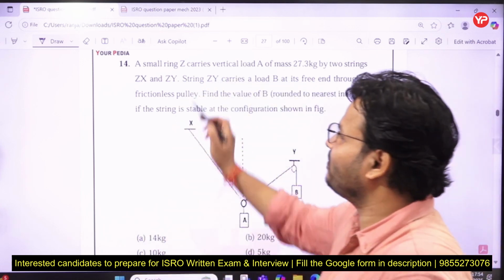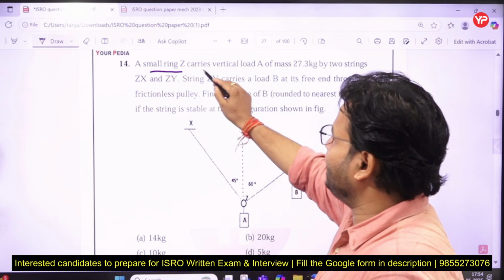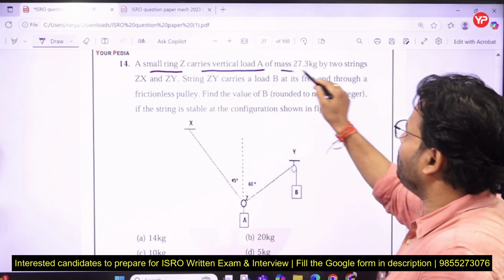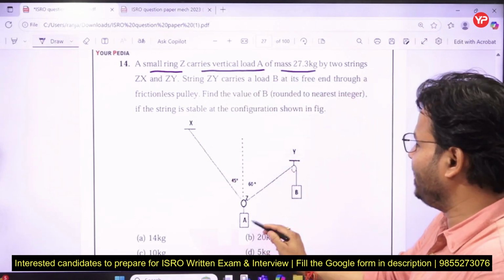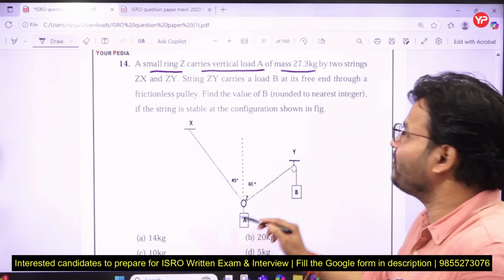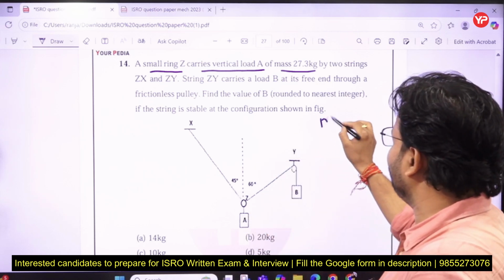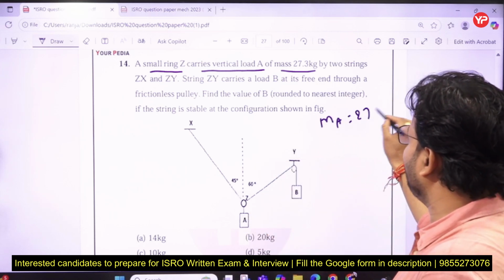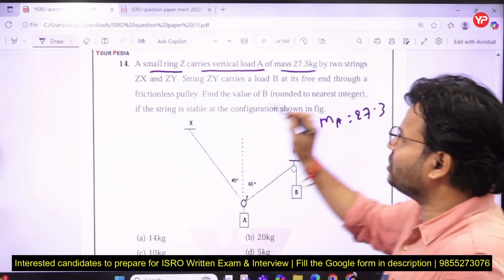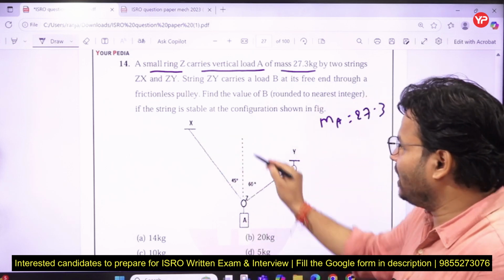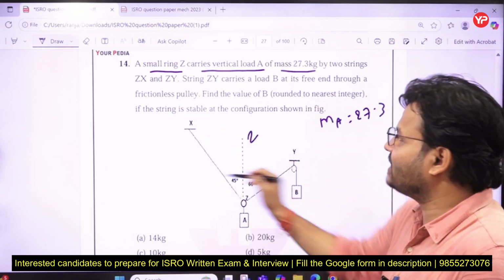First read the question. A small ring Z carries a vertical load A of mass 27.3 kg. The mass of A is given here, 27.3 kg. It is held by two strings, ZX and ZY.